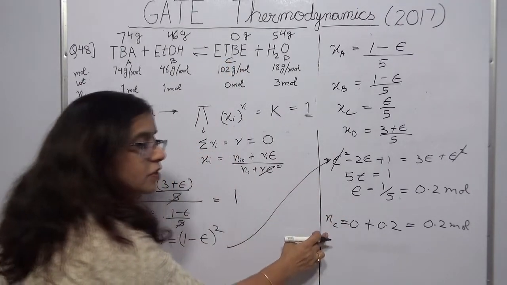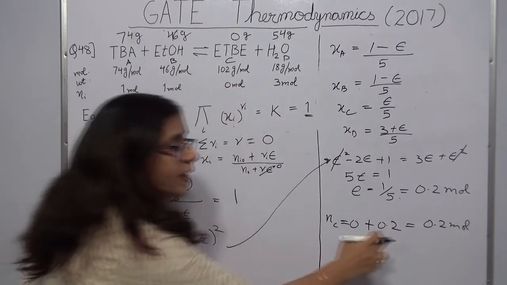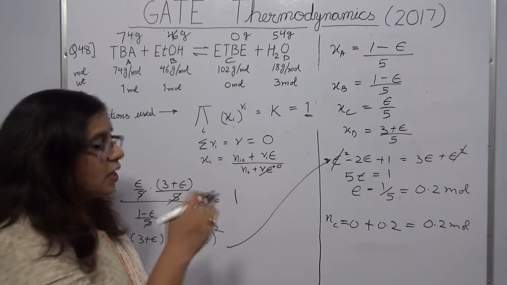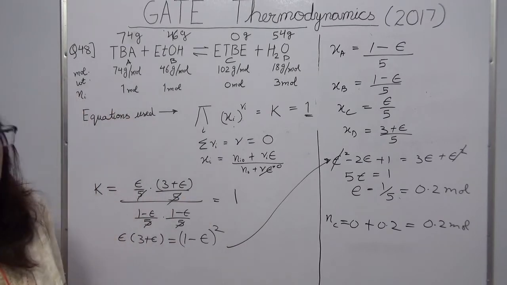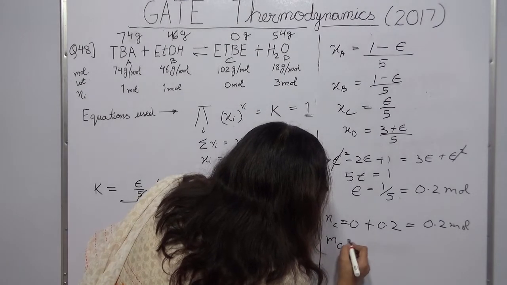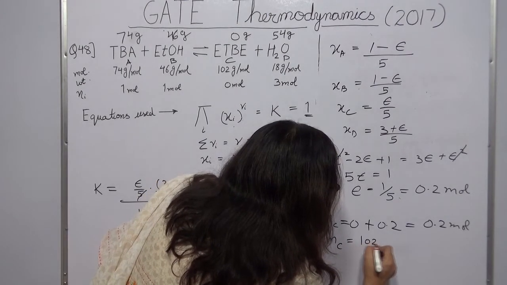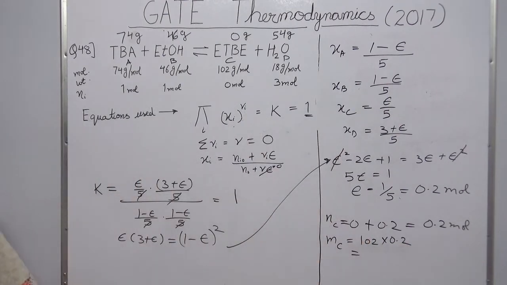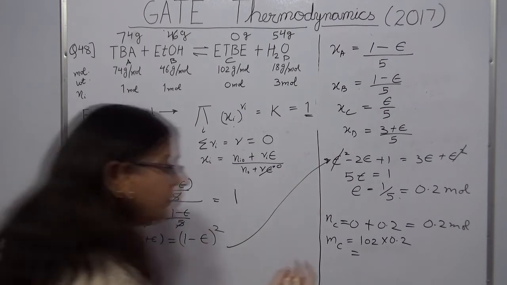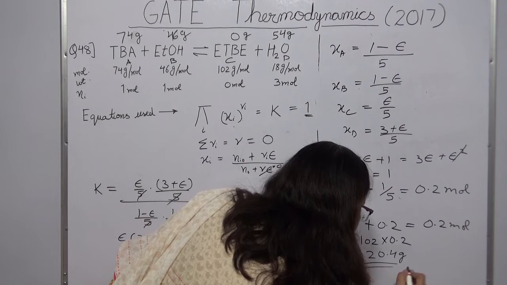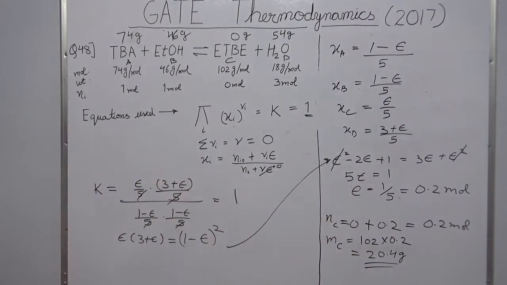Okay, so the number of moles of ETBE formed at equilibrium is 0.2 moles. Converted into mass, because they have asked the answer in terms of mass, the mass of ETBE will be equal to 102 into 0.2, that is equal to 20.4 grams. Okay, and this is your final answer.